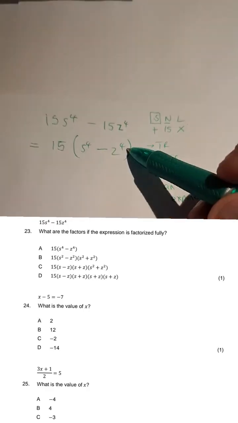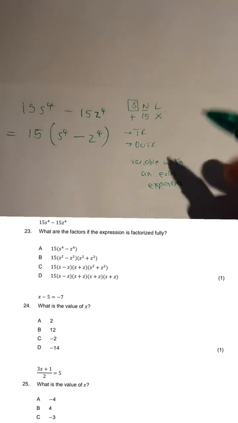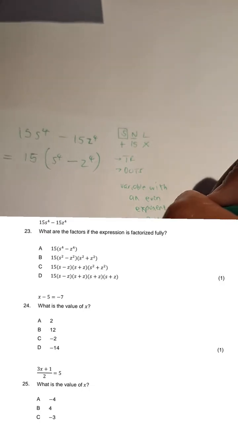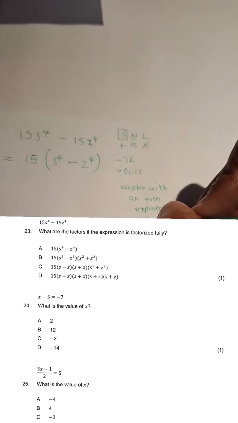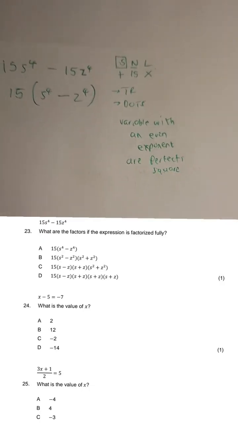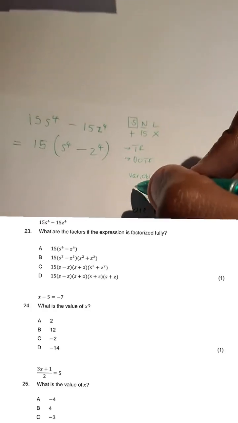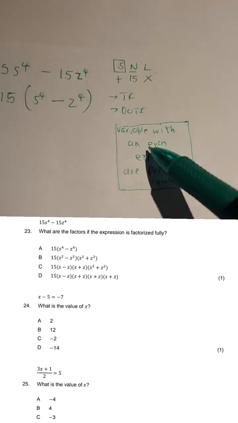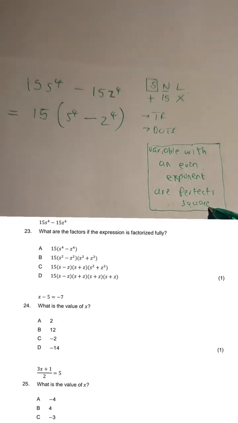These are even exponents. So variables with an even exponent are perfect square variables. Let's never forget that. Any variable with an even exponent is what we call a perfect square.